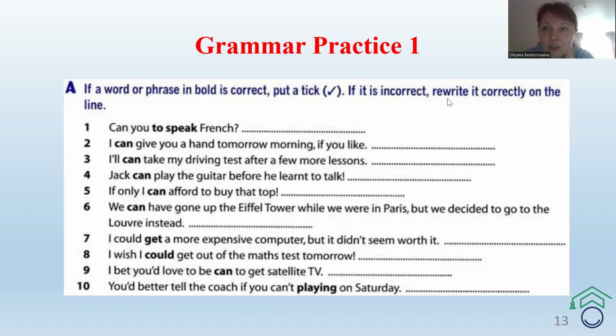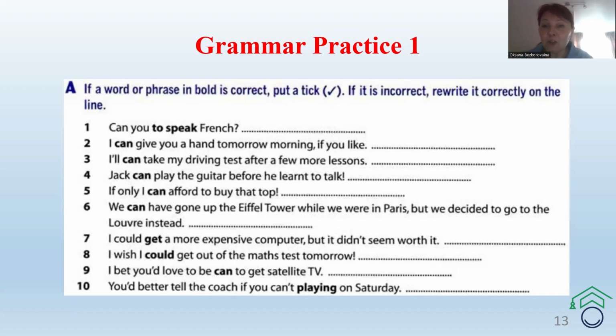Katya Tereshchenko, can you hear us? Yes. I bet you had loved weekend to get satellite TV. To be able to get. Well done. Here we should have an infinitive, that's why we should replace can with able.